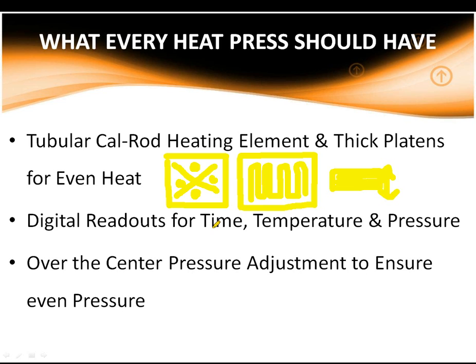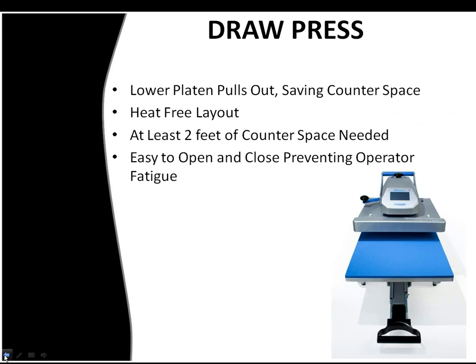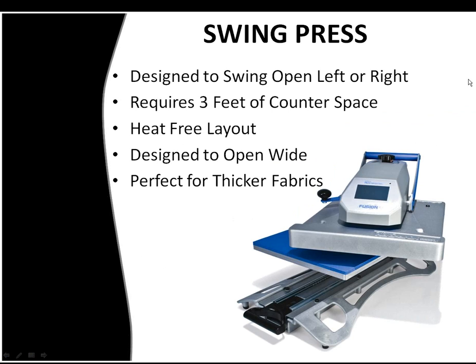Okay. Over the center pressure adjustment to ensure even pressure. This is really important, and I'm actually going to go back to a slide to show you a picture. Yeah, this one's better. Okay, you can see on this machine here, your pressure adjustment is right here in the middle of the machine. The way the pressure adjustment works is it's centered in the middle of the machine and it goes all the way down through and connects to this platen here.